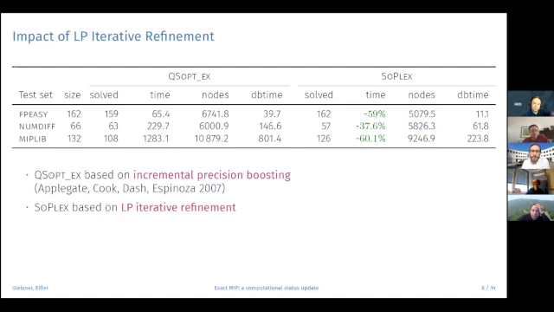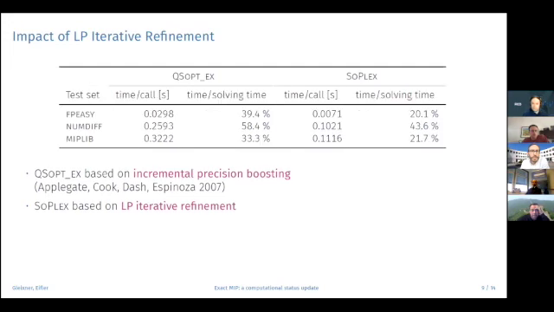Okay, second step. We have now a new exact LP solver, but then next we go to really add a new algorithmic technique. Oh no, here I forgot, we actually have some more detailed analysis on this exact LP solving. So let's take some time. So what I said is the time is reduced drastically, and this can also be seen here where we measured the time per call to the exact LP solver.